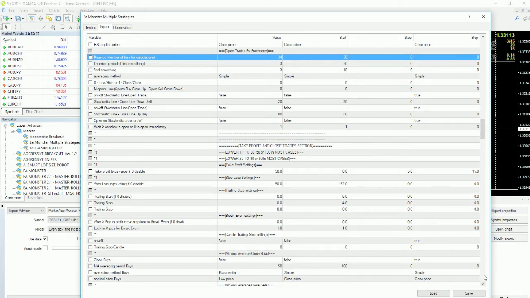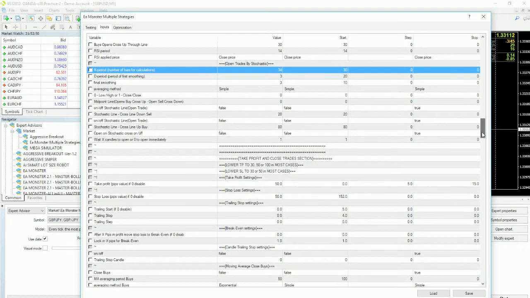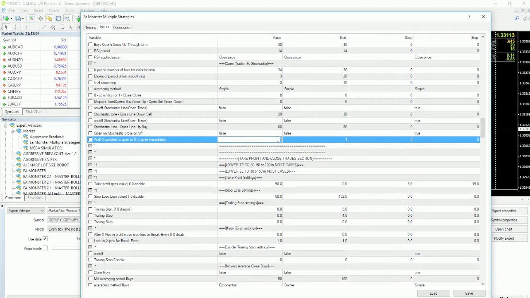It's actually very good. I still use this in some of my other videos. I am still using it. Absolutely, this is a good strategy, especially if you optimize it with open candles only. You can use this as long as you're opening and closing with stochastic, and make sure the shift is set to 1. If you set it to open immediately, it's not going to work on your backtest with open candles only.